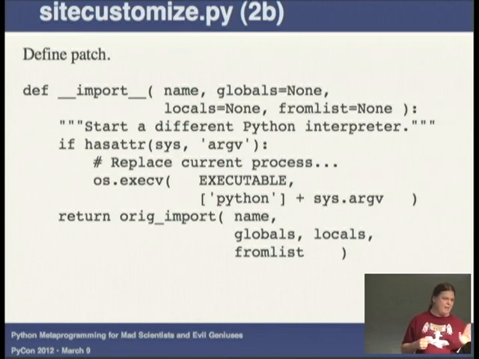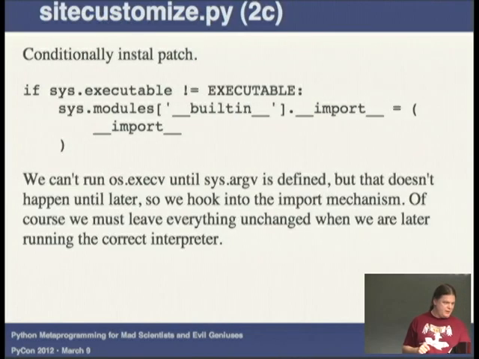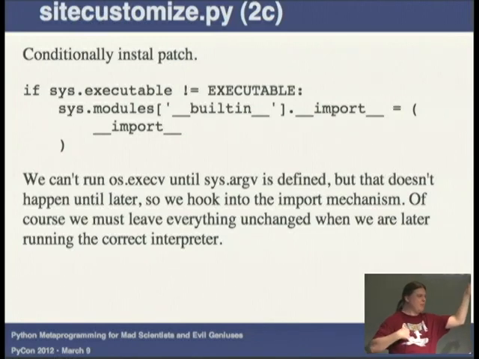If I actually have it and all is good, then fine. We just let everything work normally. But if not, this is where I'm doing it. If I don't have an executable yet, I'm going to install my import into the builtins module.